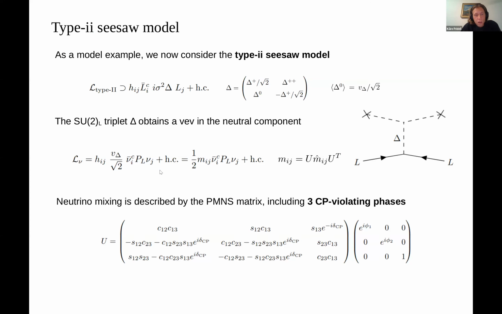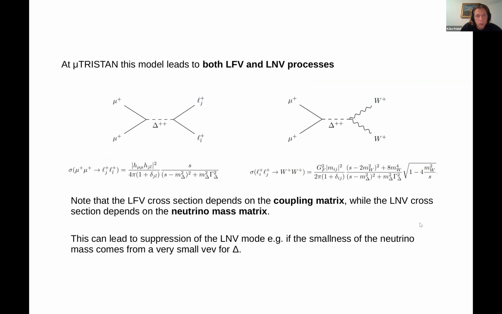The neutrino mass matrix that you get then in the flavor basis is diagonalized by the PMNS matrix, which I show explicitly here because I will be talking about these angles later. We have the Dirac CP violating angle, delta CP, and there are also 2 Majorana CP violating angles, which cannot be constrained in neutrino oscillation experiments, but I will show later how they can be constrained at Mu-Tristan.